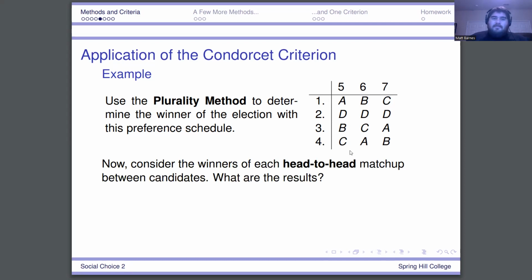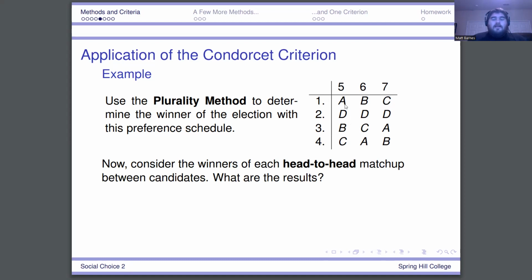Now let's look at these head-to-head matchups and see what happens. Let's do A and B first. We're going to do A versus B, and I'm going to look at each of these columns and say, okay, A was preferred over B 5 times.